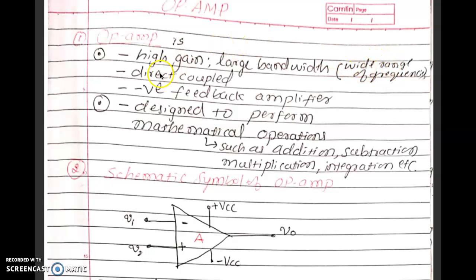It has to provide the high gain for all possible range of frequencies, from lowest possible frequency to highest possible frequency. So it is going to cover the least possible to maximum possible frequency. So it is going to have large bandwidth, and it is a direct coupled amplifier.